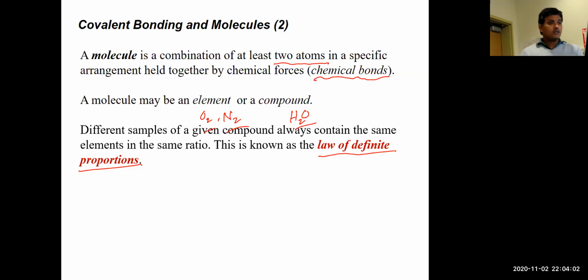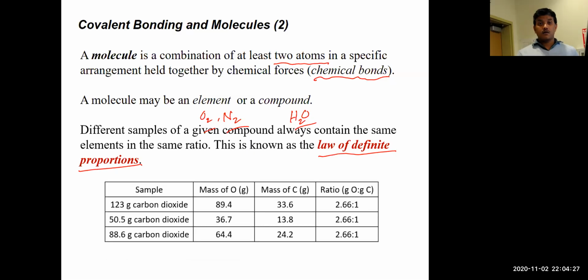Okay. So what the law of definite proportion says is that when two of the same elements are connected with each other through a covalent bond in the same ratio, no matter what sample you collected, where you collect from, they should always be in a similar ratio found in the molecular formula.